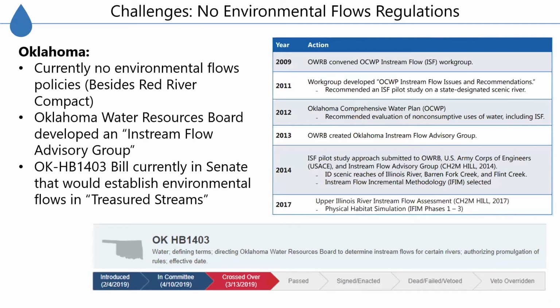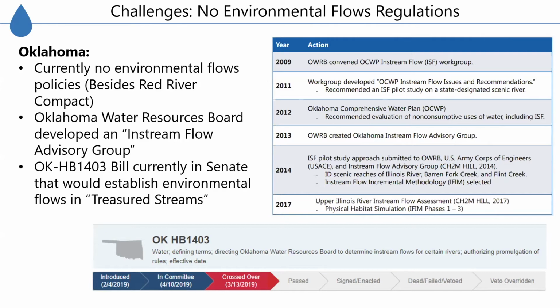However, the Oklahoma Water Resources Board has developed an in-stream flows advisory group. They've sort of set out some timelines here and actions that they've completed. They've completed a pilot study in the Illinois River Basin to look at the feasibility of implementing some sort of environmental flows.